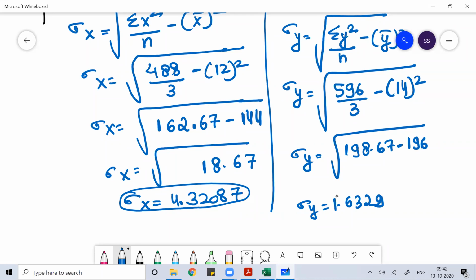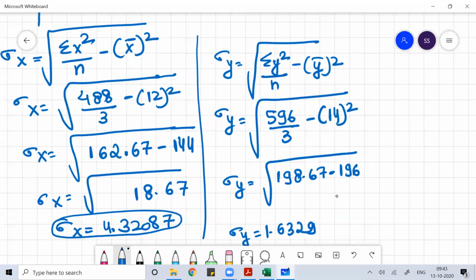So 14 square is 196. So you get this minus 196, 2.67. So square root of 2.67, that is 1.63. Okay, correct. So you got the standard deviation of x, you got the standard deviation of y.